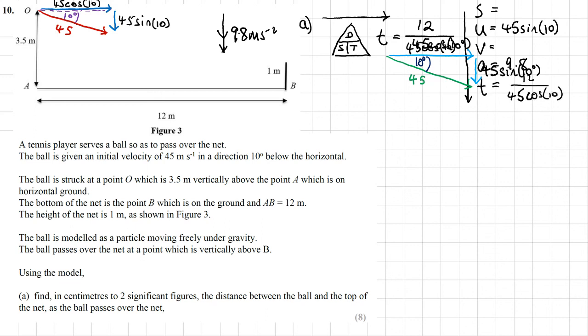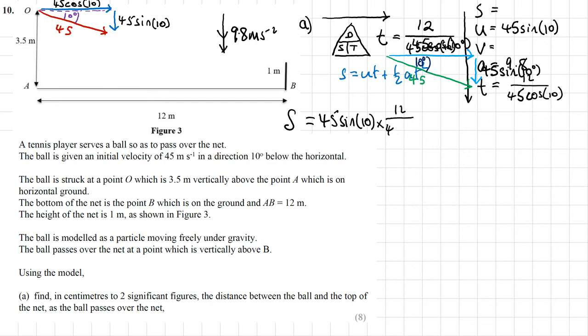Because of what I've got here, I'm going to be using s equals ut plus half at squared. So s, which is what I'm trying to find, is equal to u, 45 sine 10, times t, and t is 12 over 45 cos 10.